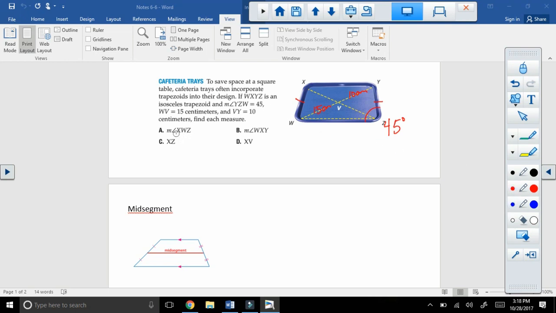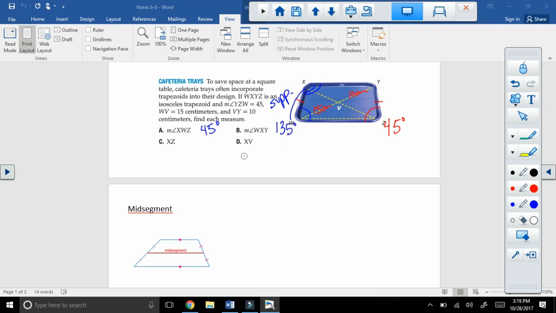So with this, we want to find X, W, Z. This whole angle here will also equal 45 because those base angles are congruent. I want to then find WXY, so this angle. Remember that those angles are going to be supplementary to each other, so I can just take 180 minus 45 and I get 135 degrees.